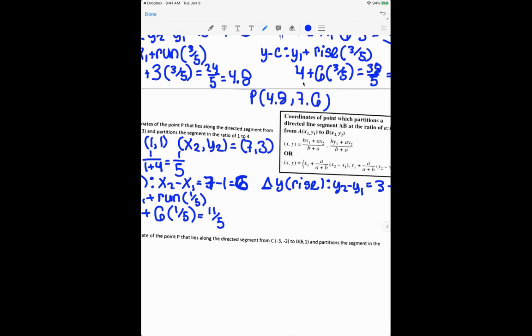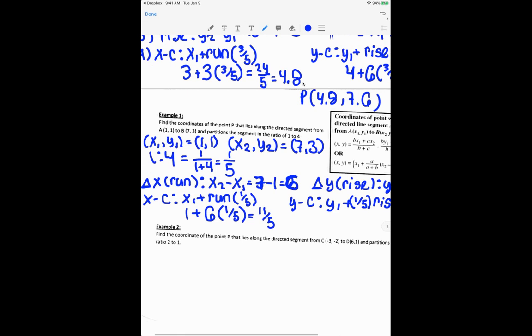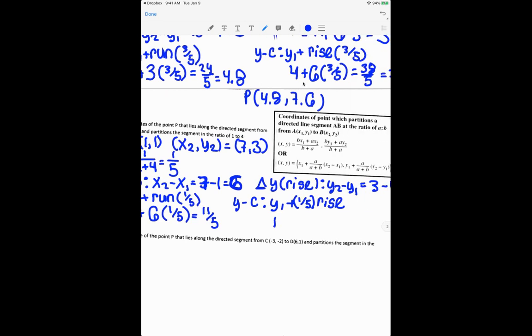Okay, then I'm going to find my y coordinate. So that's your y1 plus 1/5, our ratio, times our rise. So our y1 is also 1. So it's 1 plus 1/5 times 3, so 1 plus 3/5.